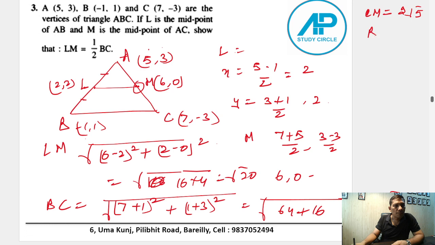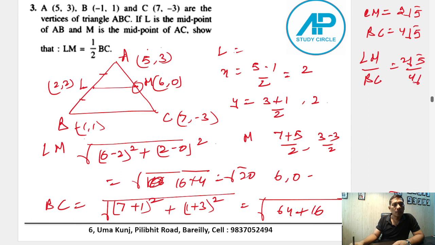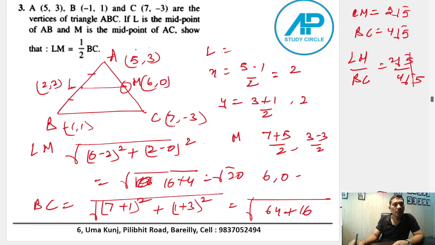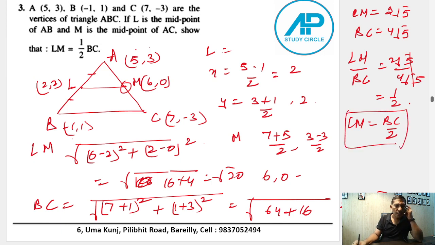And what is the value of BC? BC is 4 root 5. So you got LM by BC equals 2 root 5 upon 4 root 5. So this is cancelled. You got 1 upon 2 as the answer. And you can see LM upon BC is 1 upon 2. So LM equals BC upon 2. This is what I had to show.